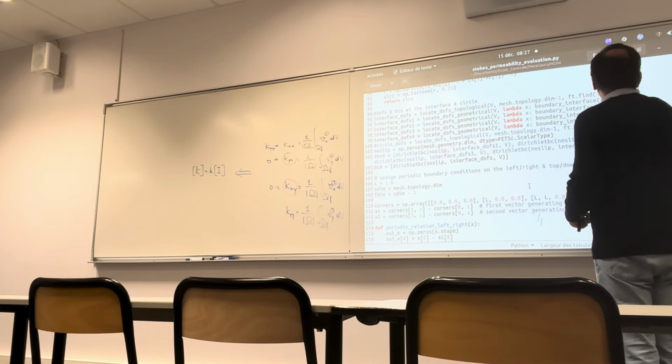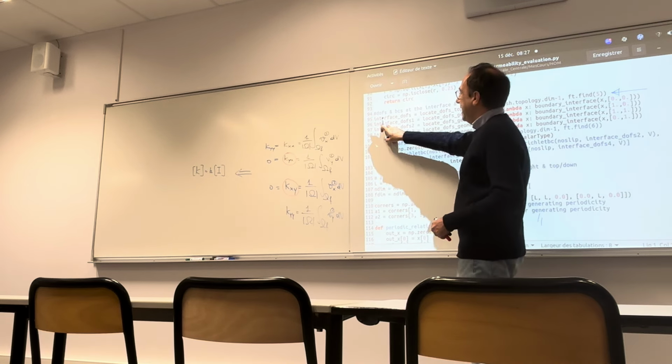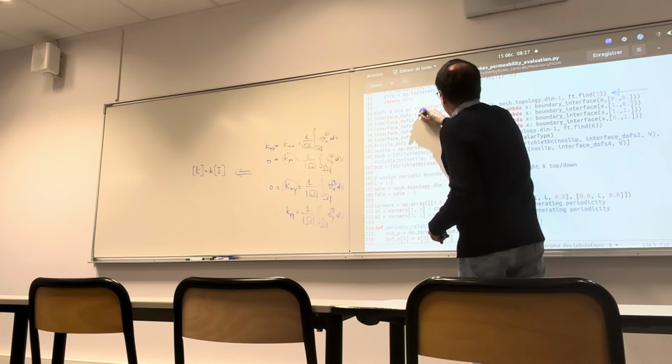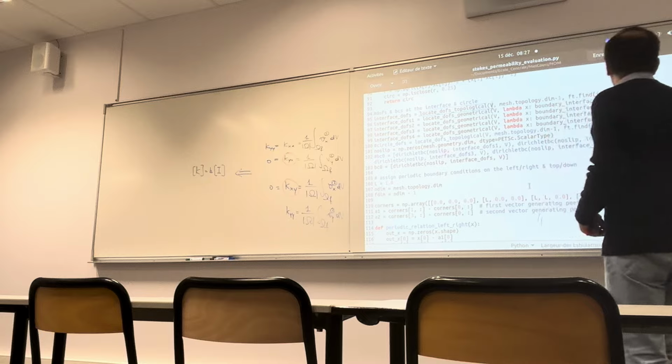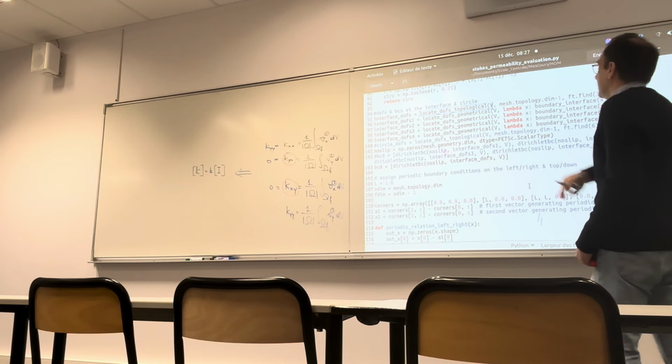So here we were just identifying the interface degrees of freedom, locating them topologically. I remind you that these were two different ways to locate the points, but finally we can use this.